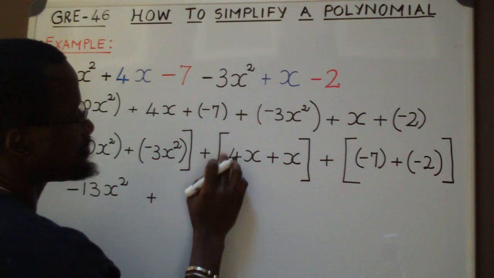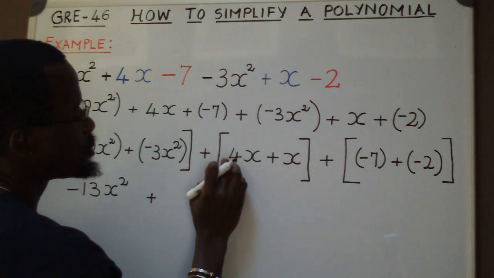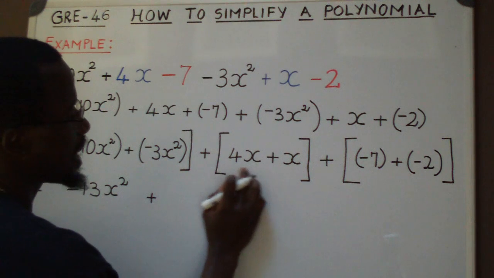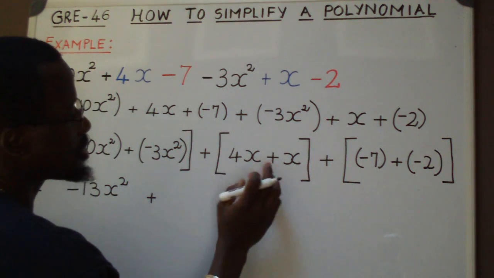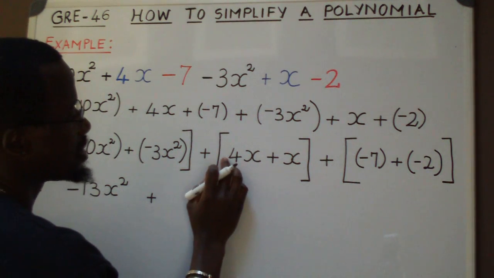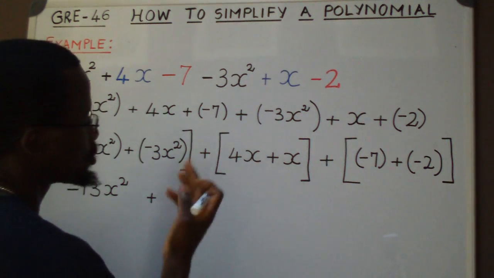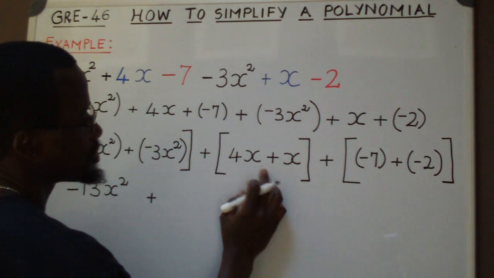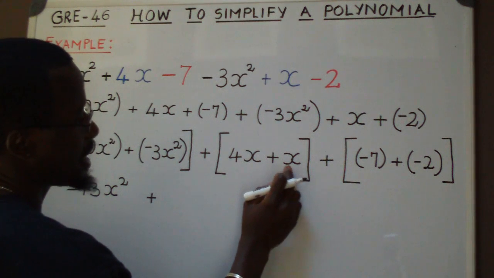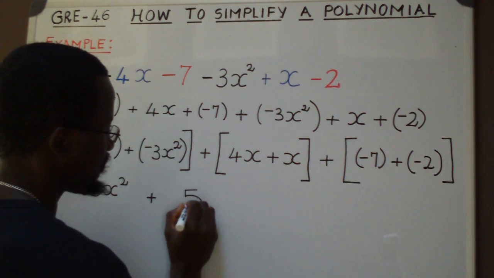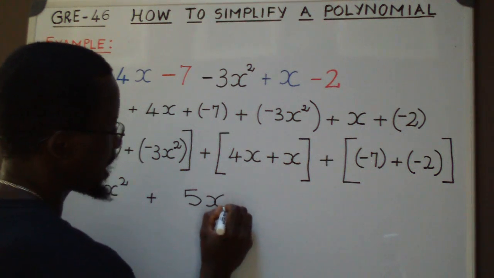Since they have positive signs in front of them, you can interpret them as a gain. So here you will say, I gain 4x. Now think of the x as oranges. I gain 4 oranges and I gain 1 orange. So obviously if you gain 4 oranges and then come back and gain another orange, then you've gained 5 oranges. So therefore this is equal to 5x.